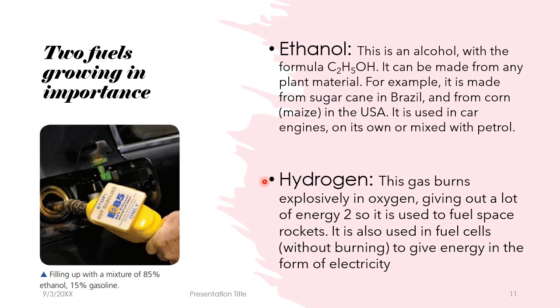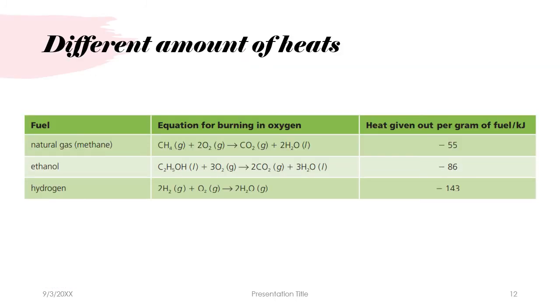Okay, fuel yang selain daripada fossil fuel tadi, kita gunakan ethanol dengan hydrogen. Different amounts of heat as you compare: the larger the amount of heat given out, the better the fuel. Okay, example here, natural gas gives out 55 kilojoule heat energy, ethanol gives out 86 kilojoule, and hydrogen gives out 143.